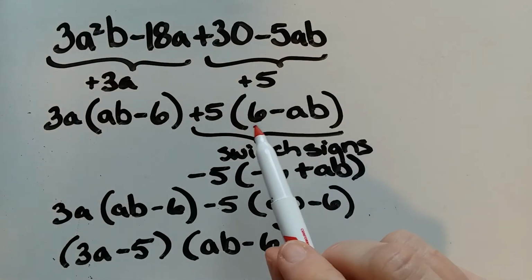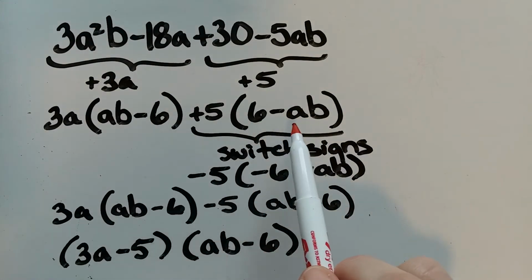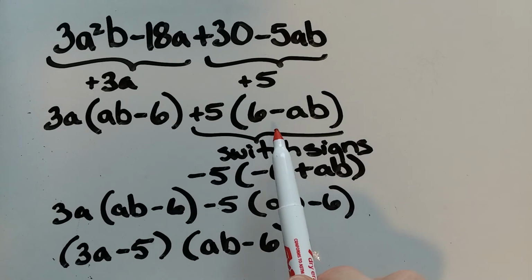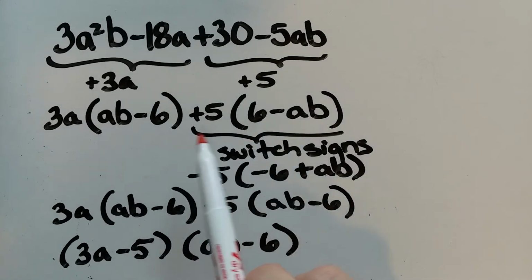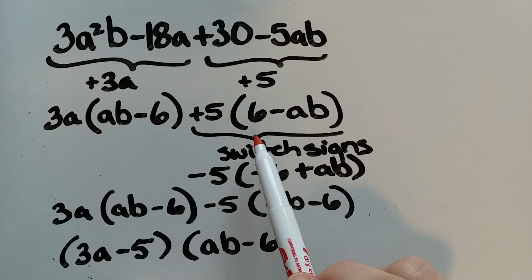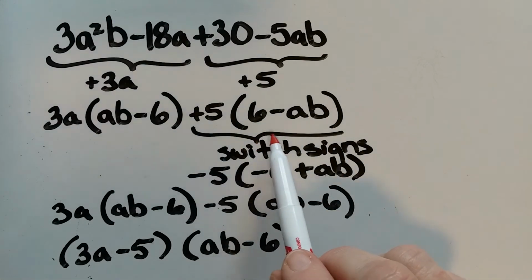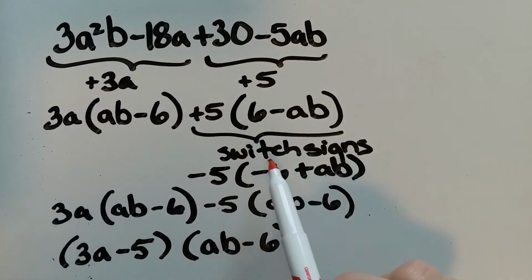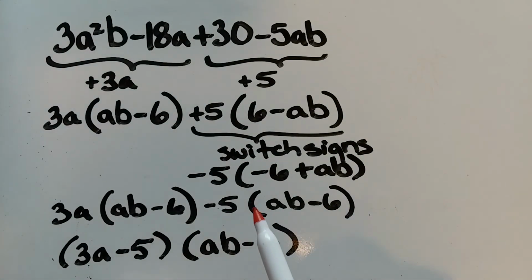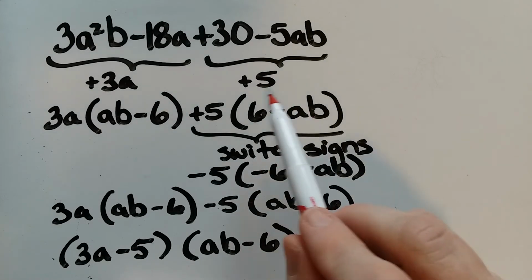So what I want you to think of is I could flip the signs on either of these, and it'll be correct. So I'm going to switch the signs on this set of terms. How do I switch the signs? I multiply by -1, and that'll change this.